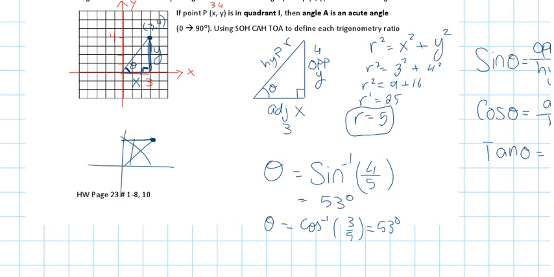Okay, now we're going to look at a similar example, but the point is not going to be in quadrant 1. We're going to look at what happens if my point is in quadrant 2.